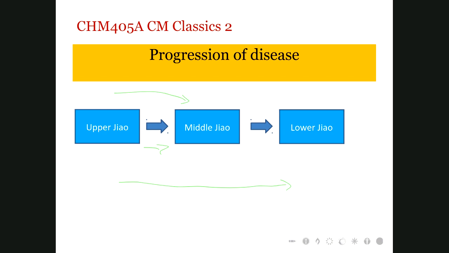But lower jiao disorders usually come from unresolved middle or upper burner conditions. It's not very common for lower jiao disorder to come straight away from external attack. Maybe sometimes, at some stage, a very strong pathogen can affect it and result in lower jiao disorders.